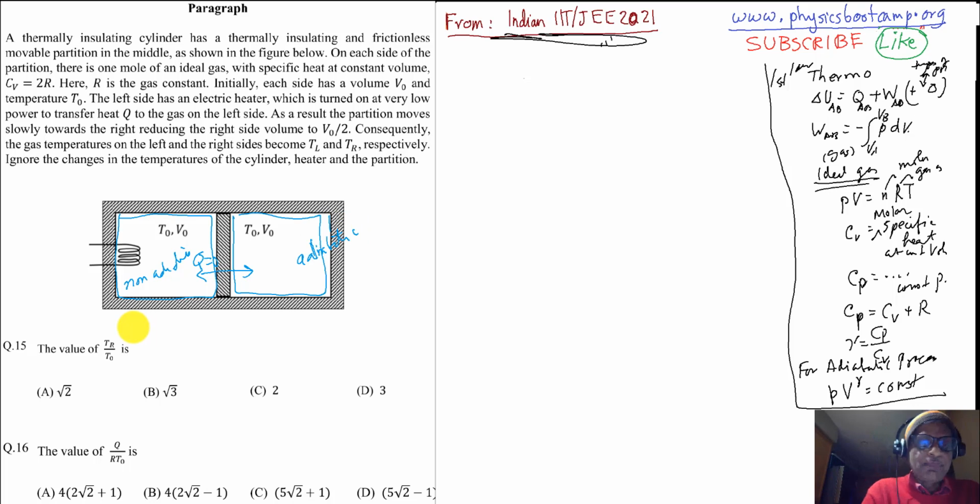So reading this, you will find that this thing expands.